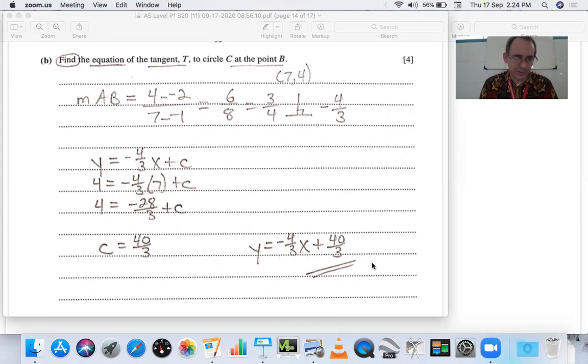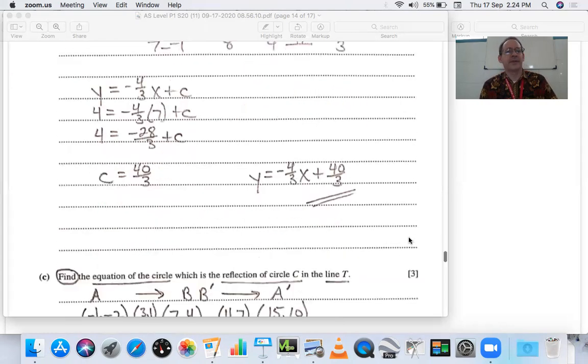And yes, if you use the point-slope form, since it's tangent at B, you could have Y minus 4 equals -4/3 times, in parentheses, X minus 7. That would be fine as well.